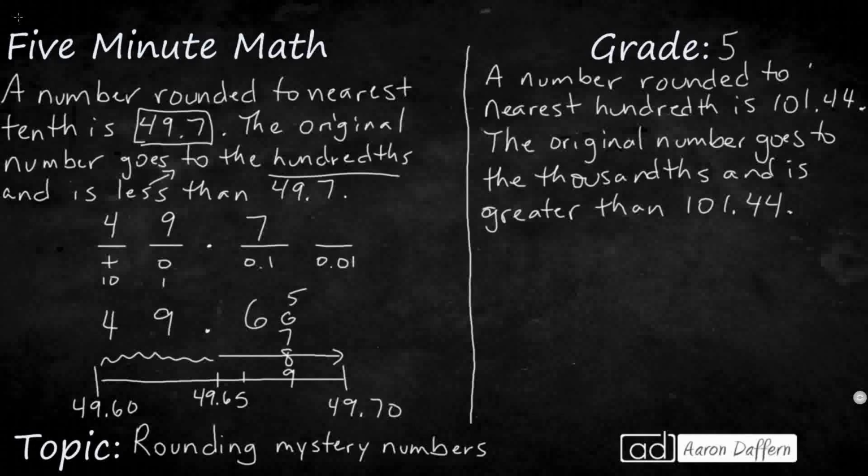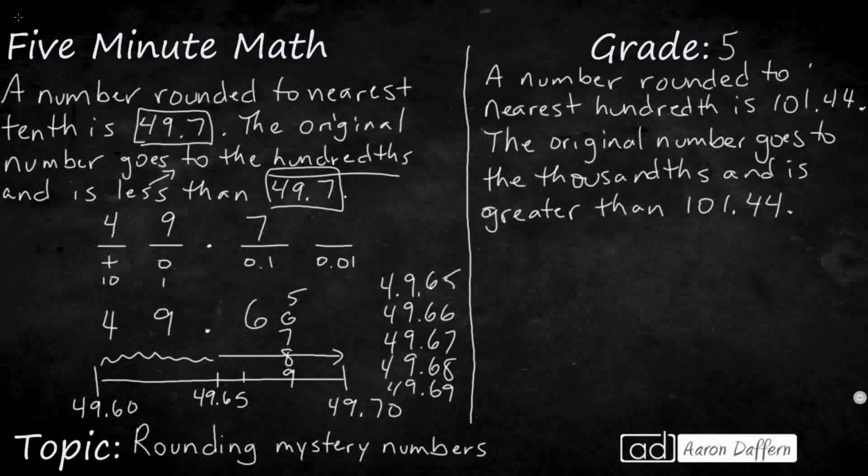If I were to get any of those numbers, now I can't do 49.7 because it needs to be less than 49.7. That would be equal to. So I can write any of these numbers, 49.65, 49.66, 49.67, 49 and 68 hundredths, and then 49 and 69 hundredths. All right, so there are 5 possible answers to that.